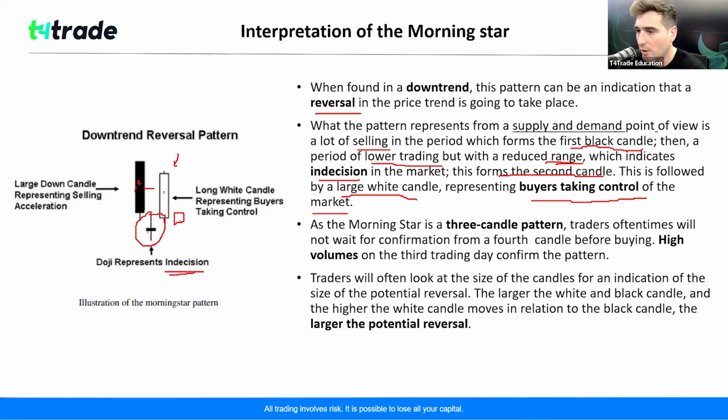Okay, so as the morning star is a 3 candlestick chart pattern, traders oftentimes will not wait for confirmation from a 4th candle before buying. I don't like this. You can rush, but still, what I'm gonna give to these kind of traders that jump onto these kind of positions is, if and only if you see rising of volumes.